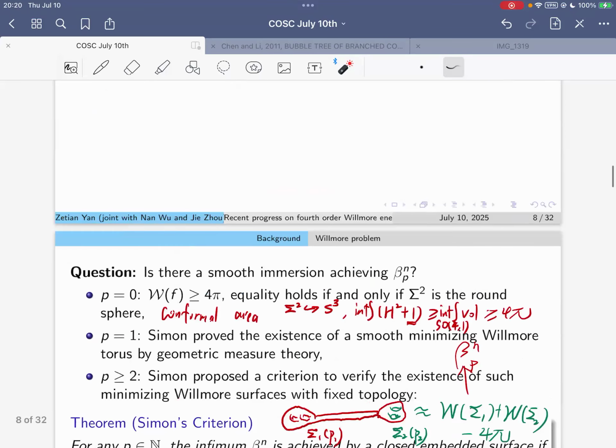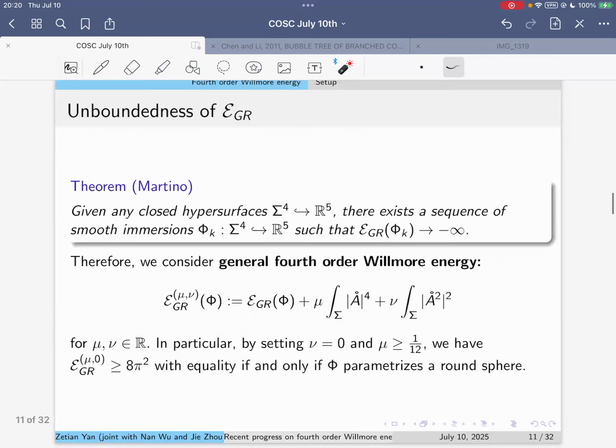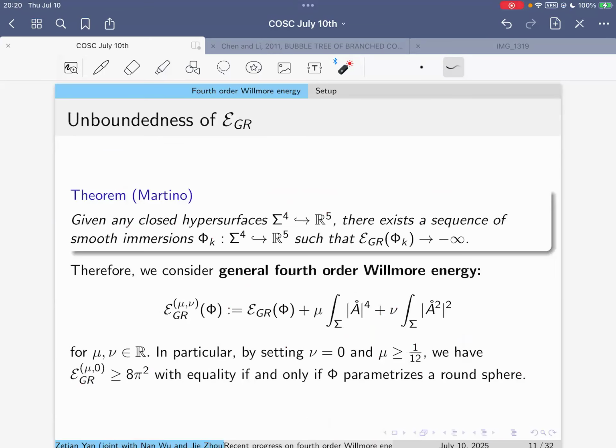Unfortunately, Martino constructed an example, and he showed that for any closed hypersurface we can pull up this hypersurface.